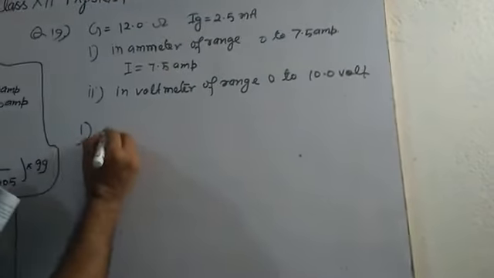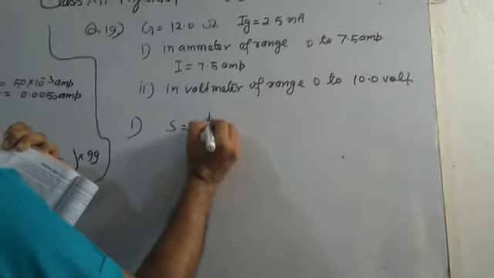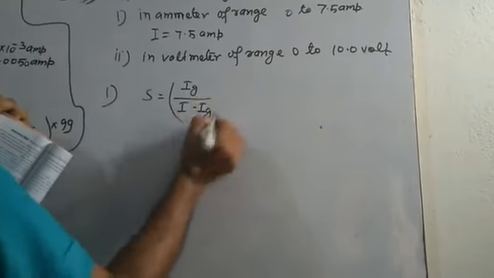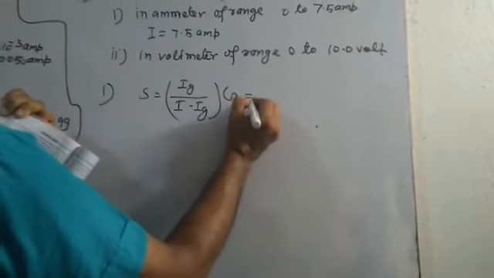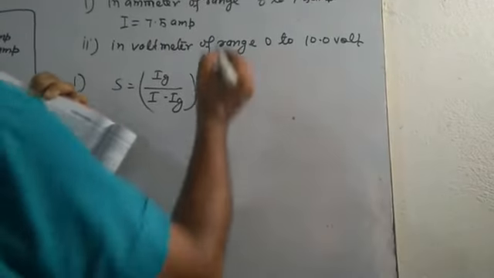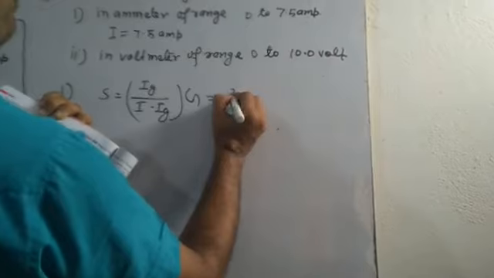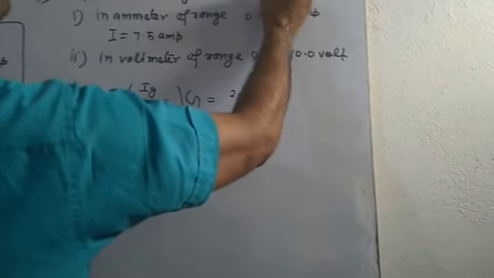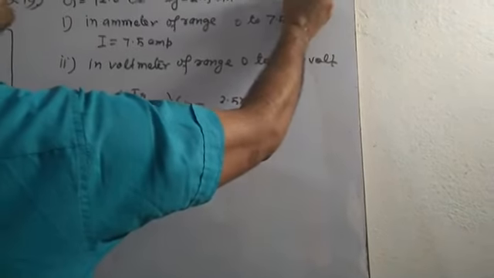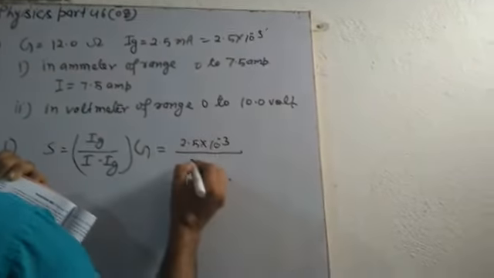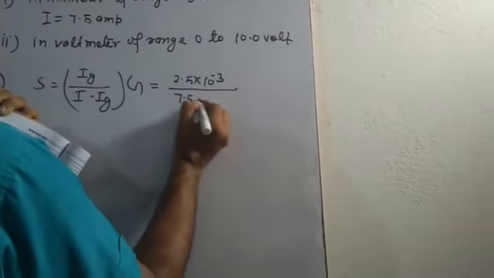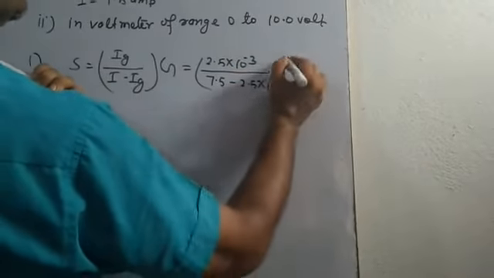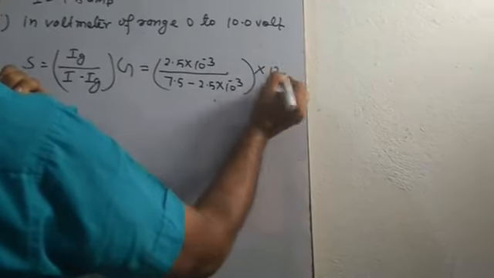First part: S equals Ig upon I minus Ig into G. Putting the value of Ig, 2.5 into 10 power minus 3, upon 7.5 minus 2.5 into 10 power minus 3, into G, that is 12.